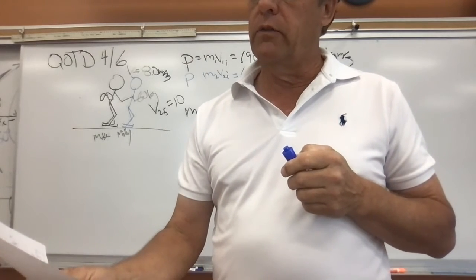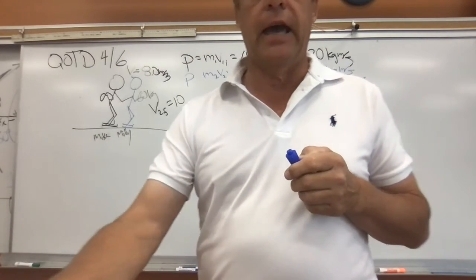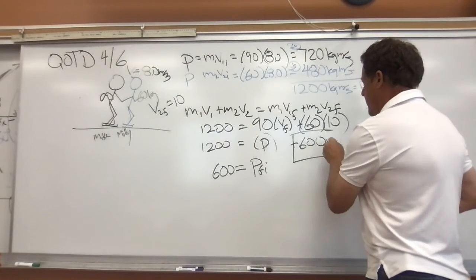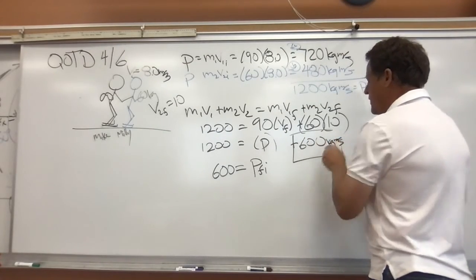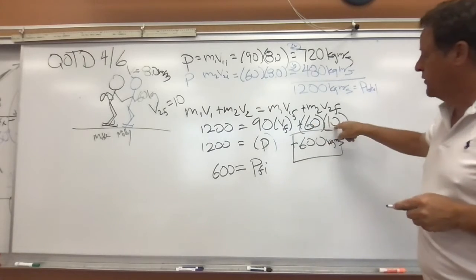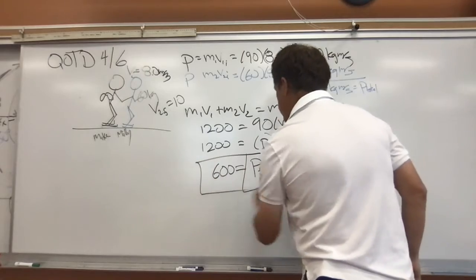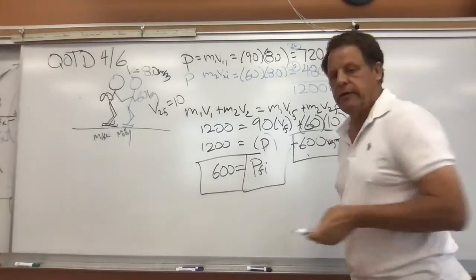And then what is the momentum of Millie after the push? Well, that would be 60 times 10, because they give us the final velocity. All right, so here's that, and here's that.